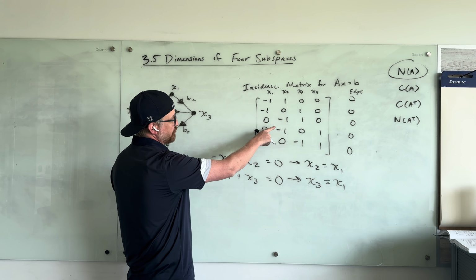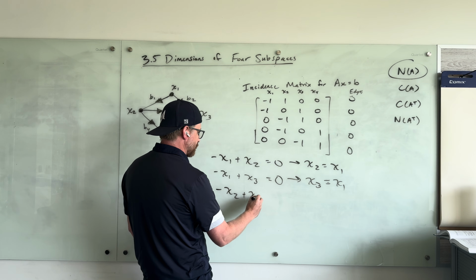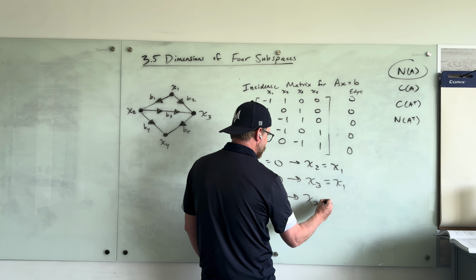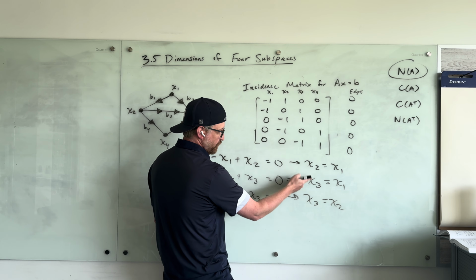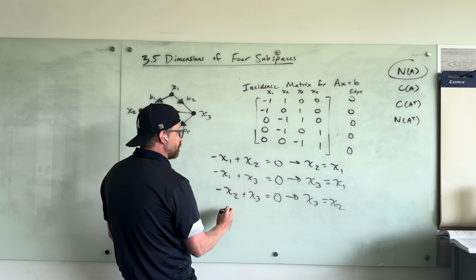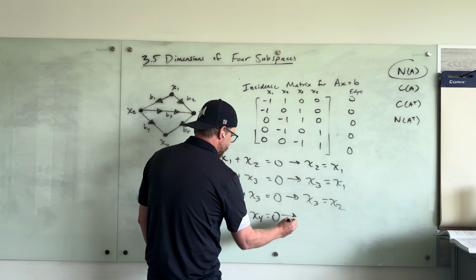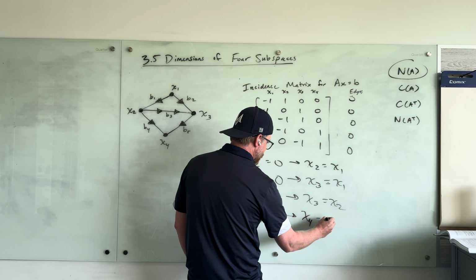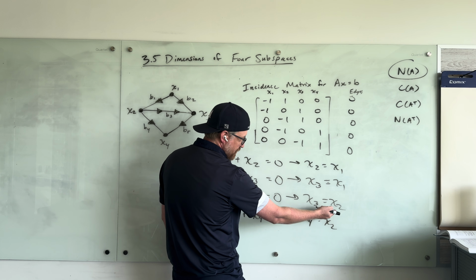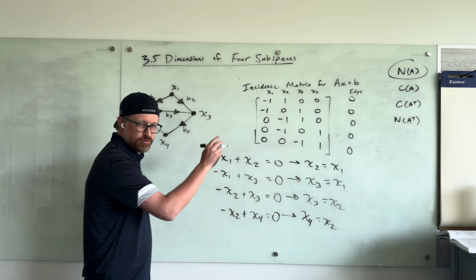If I go down to my third equation, we get that negative x2 plus x3 is equal to 0. So x3 equals x2, which makes sense. Both of these are the same. When I look at the fourth equation, we get negative x2 plus x4 is equal to 0. And that implies that x4 is equal to x2. And so x4 equals x2, x3 equals x2, and in theory x1 equals x2. In other words, they're all equal to each other.